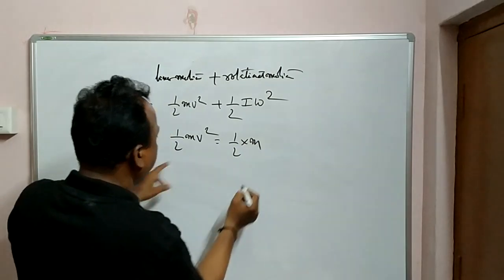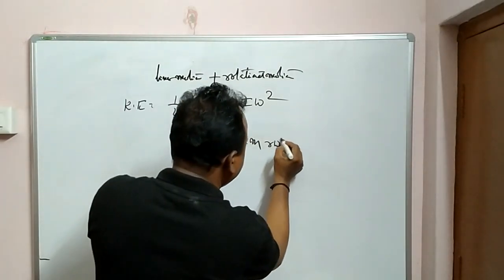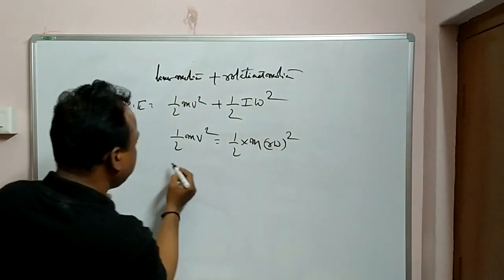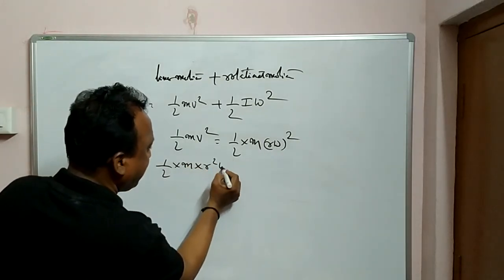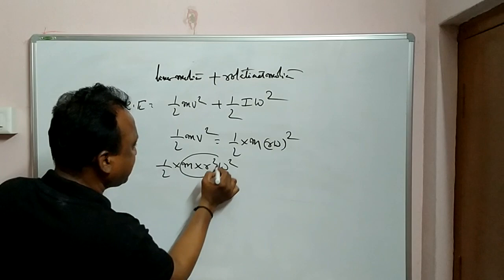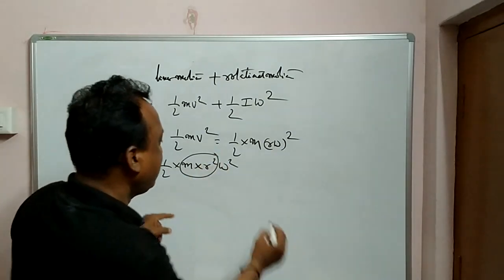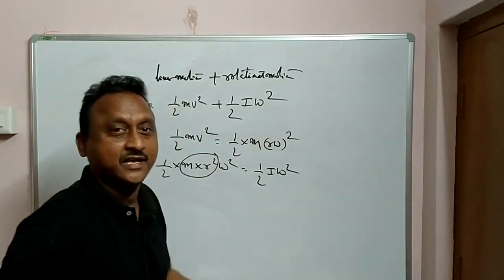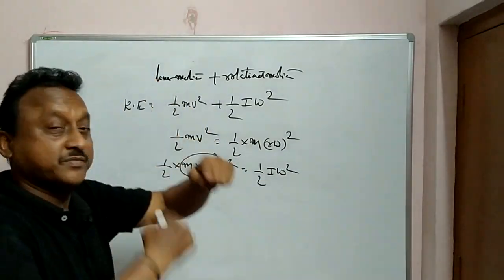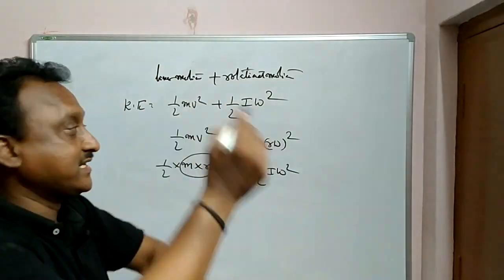Half into m. What is v? R omega. So r omega whole square. ఇప్పుడు ఎంత అవుతుంది? 1 by 2 into m into r square omega square. But what is m r square? Moment of inertia. Therefore I can write as half I omega square. So kinetic energy formula in terms of rotational kinetic energy ఏంటి?